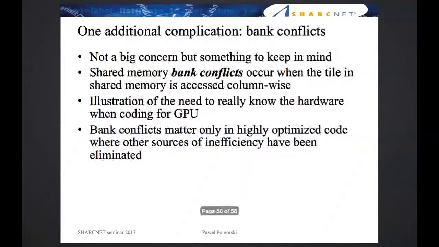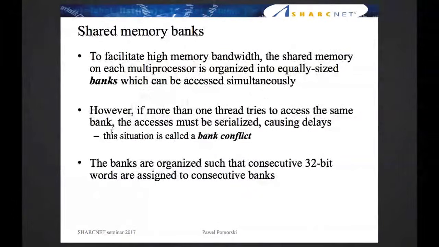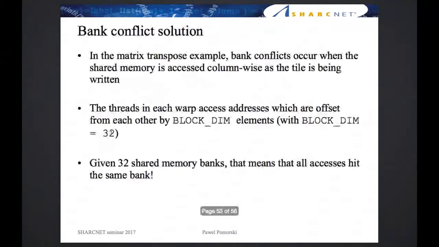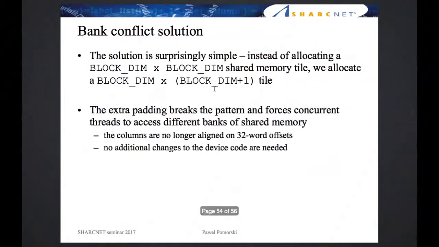But there's a very simple solution to this bank conflict issue, and this is just to resize our shared memory array. Instead of making it blockN by blockN, we make it blockN by blockN plus 1. I will leave it as a homework exercise for you to convince yourself that just by slightly increasing the dimension of this one array, we shift everything over by 1.